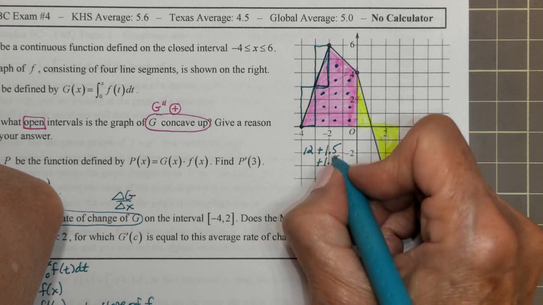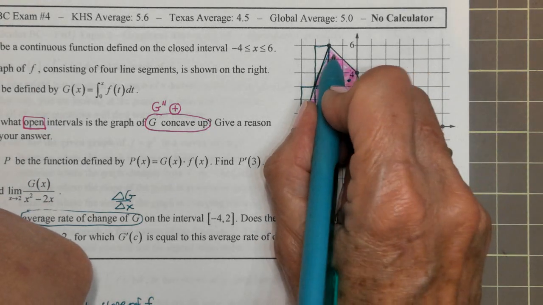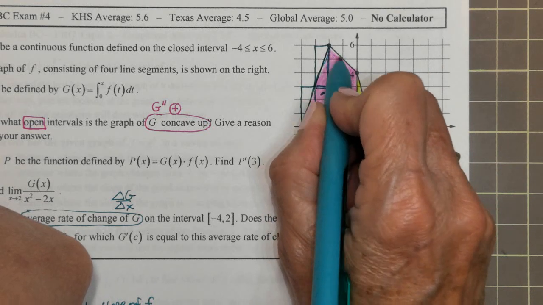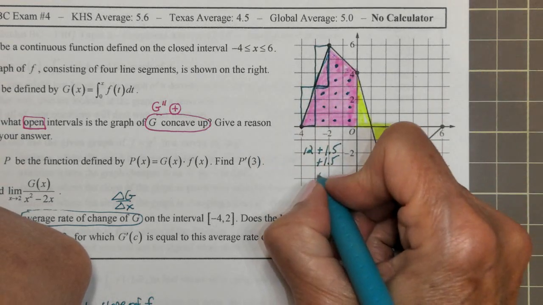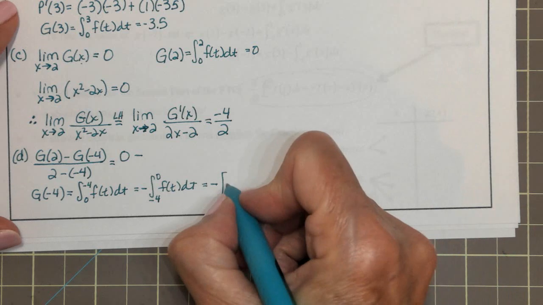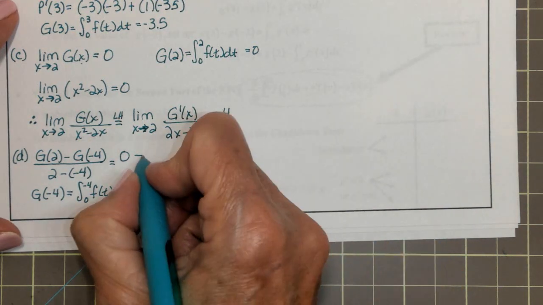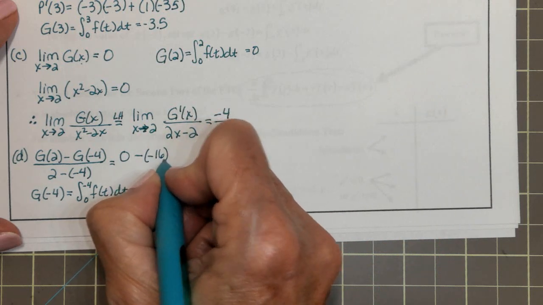So that is 12 plus 3, or 15 so far. And then I have these two little pieces here. Each of these is a half, so plus 1. So 15 plus 1, 16. So this is negative 16. So this will be a negative 16.